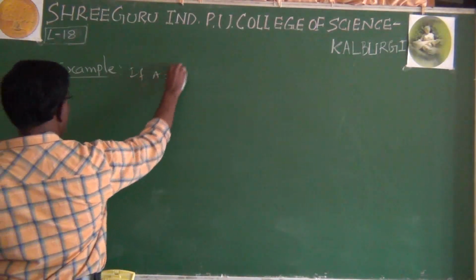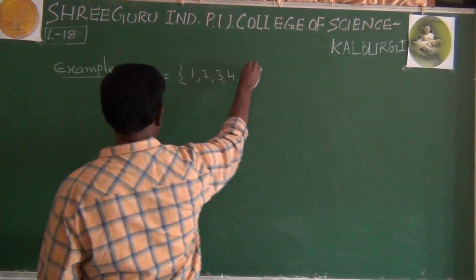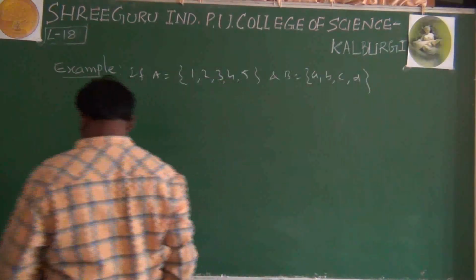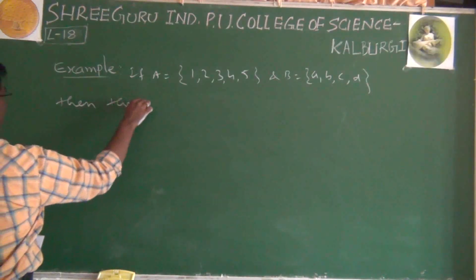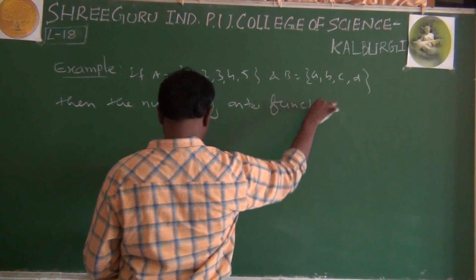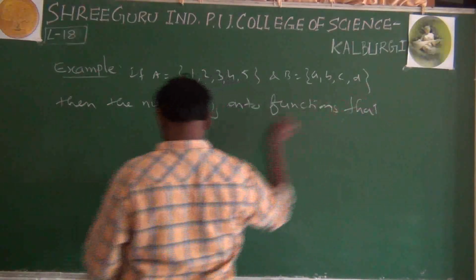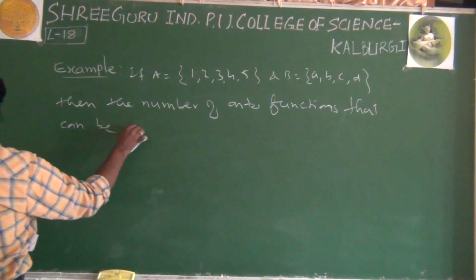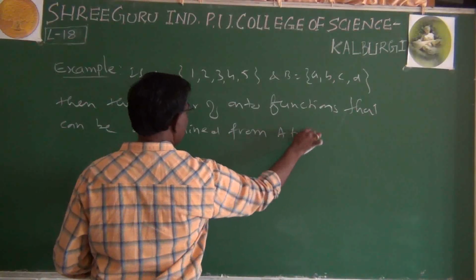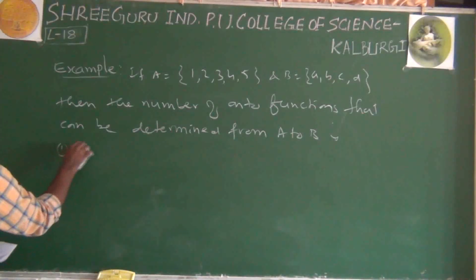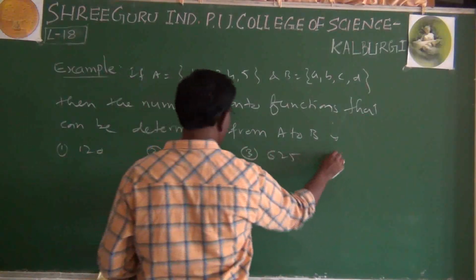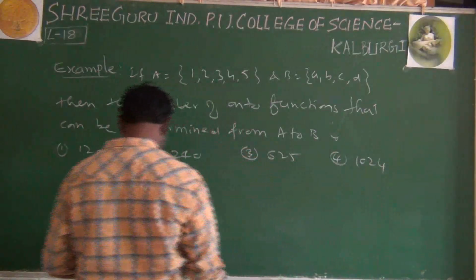If A equal 1, 2, 3, 4, 5 and B equal to a, b, c, d, then the number of onto functions that can be determined from A to B is: first option 120, second 240, third option 625 and fourth option 1024.